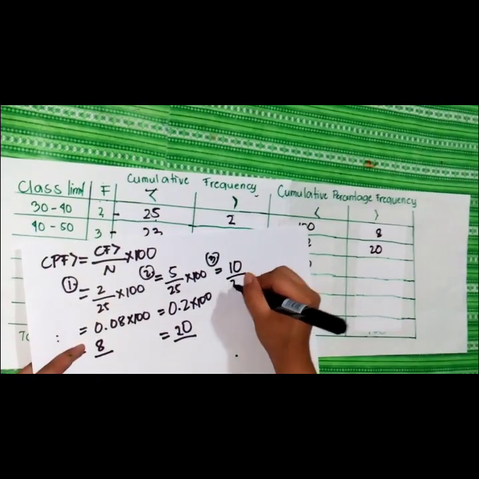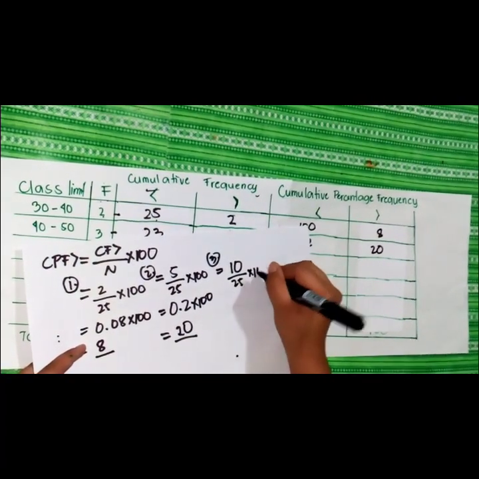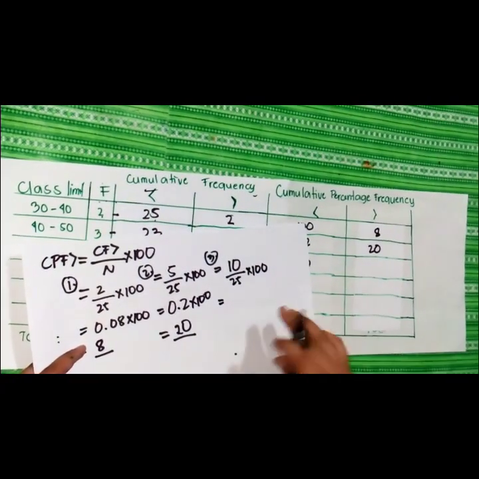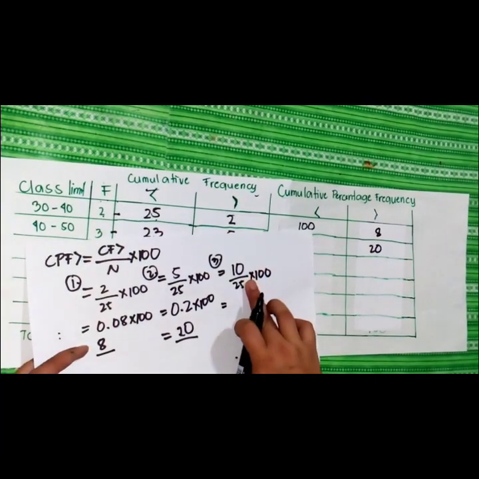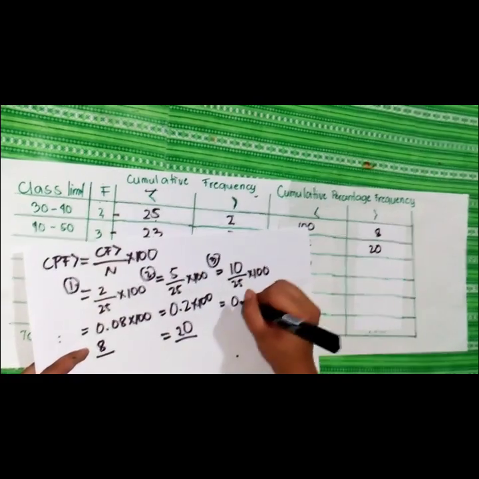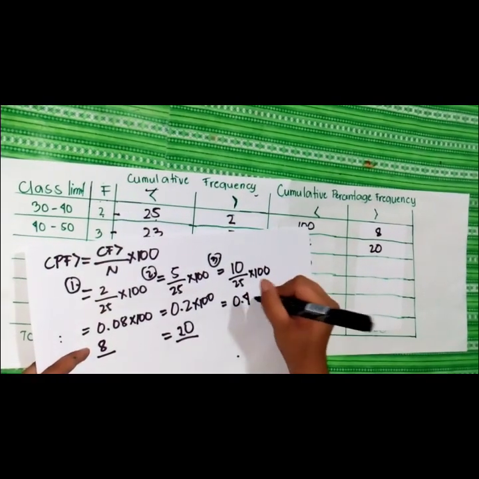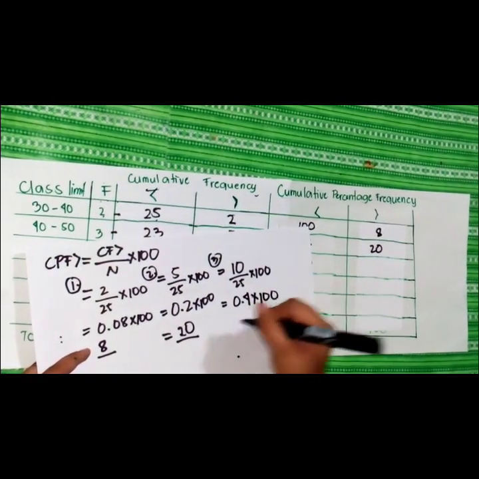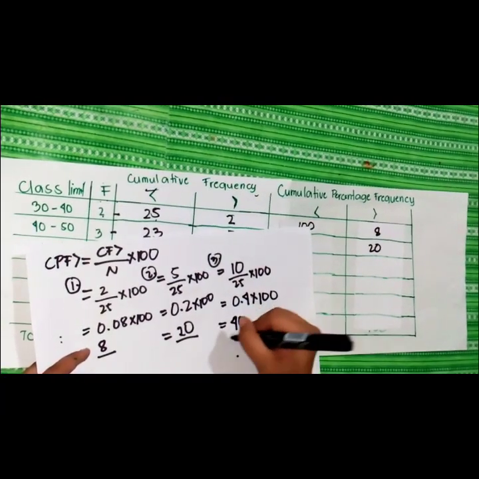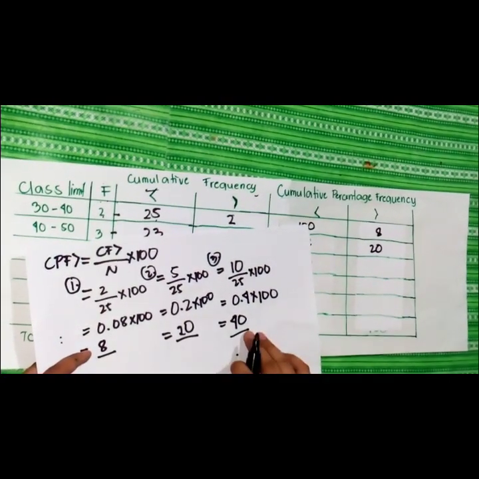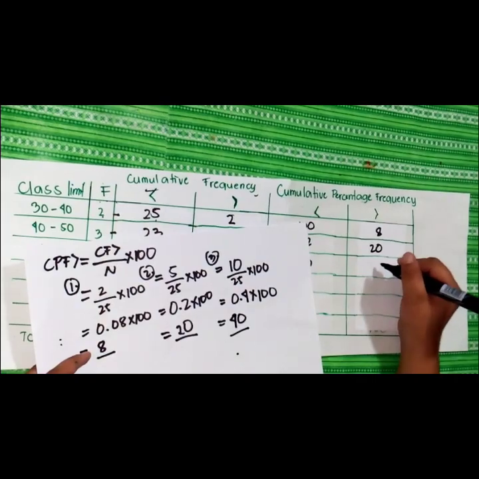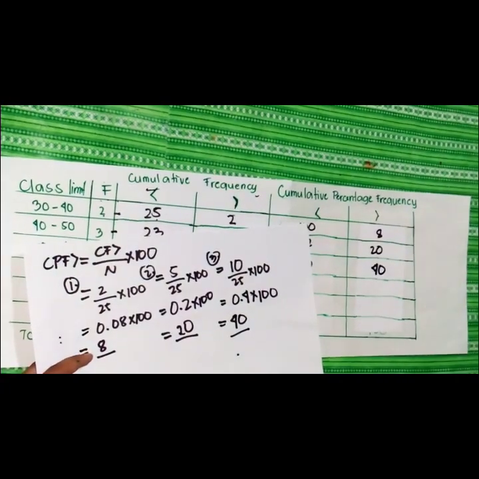So we have a number of cases 25 times 100. So 10 divided by the number of cases 25 is equals to 0.4. And 0.4 times 100 is equals to 40. This is the third row answer. We will write 40 here.